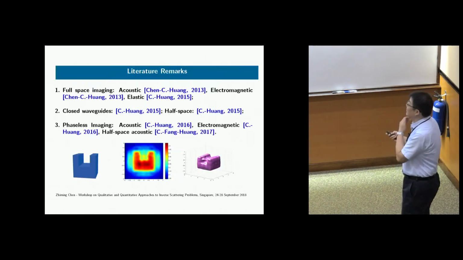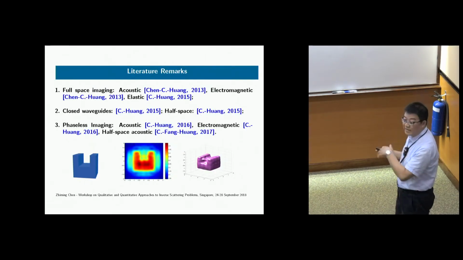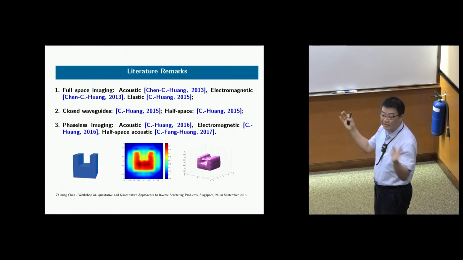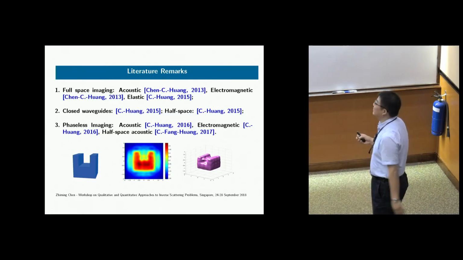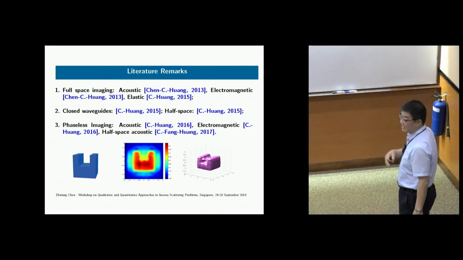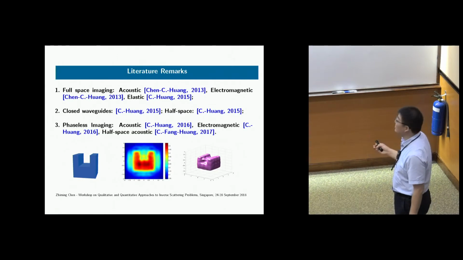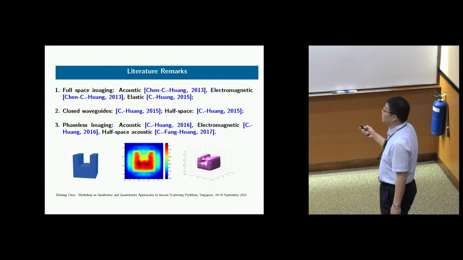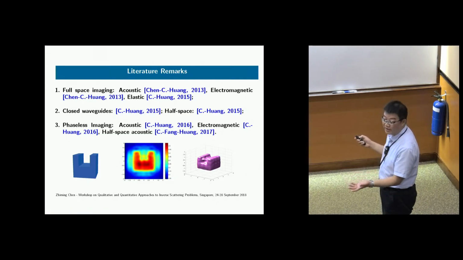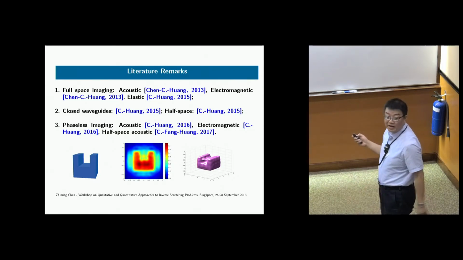So these are basically the ideas behind this RTM, and we have done several works extending this idea to other situations like electromagnetics and elasticity. This is the full space case, and the interesting thing is that in a closed waveguide you have the guided modes, you can still do RTM, and it will work.